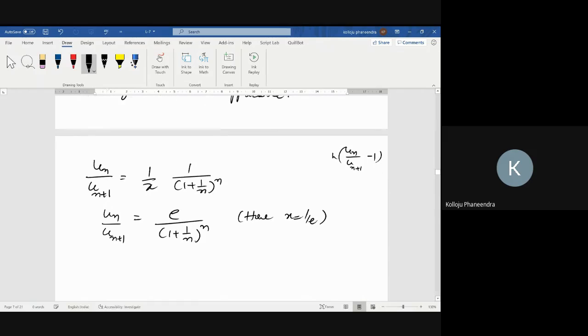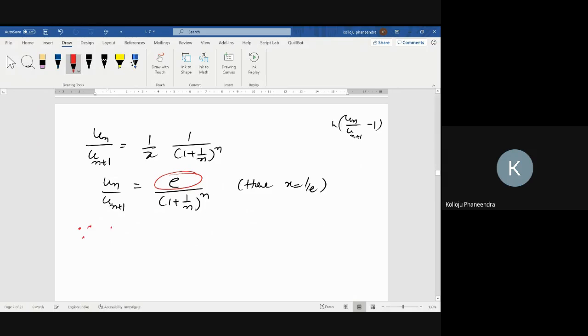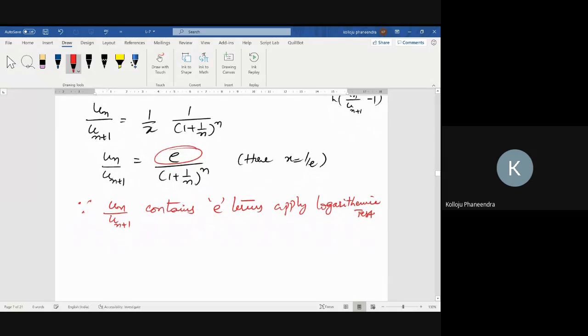As I told you, when un by un plus 1 contains an exponential term, an e term, apply the logarithmic test. You write here: since un by un plus 1 contains e terms, apply logarithmic test. So what is the logarithmic test?